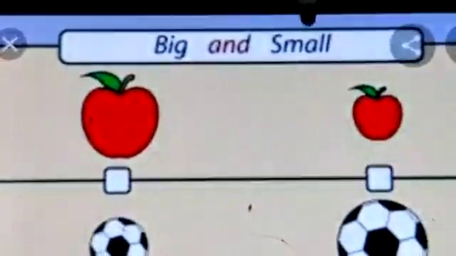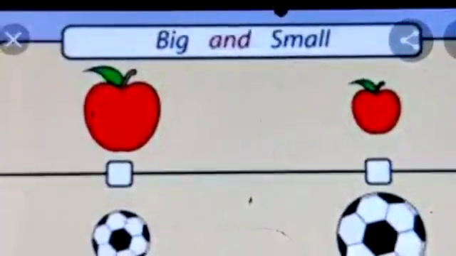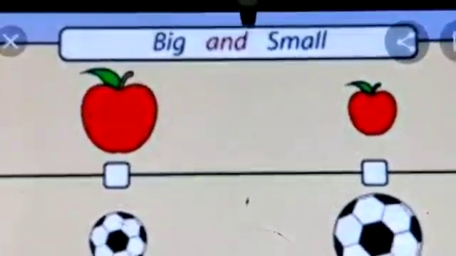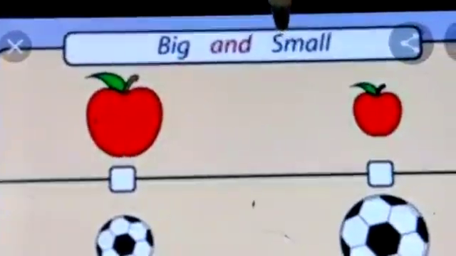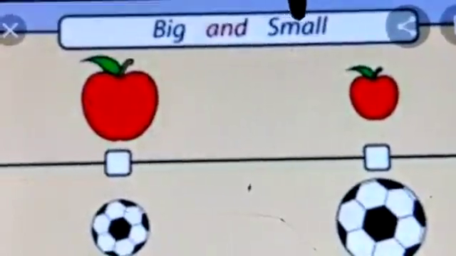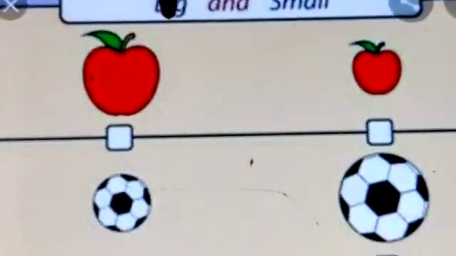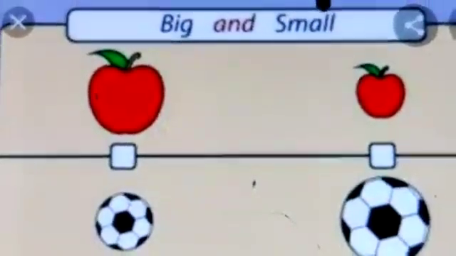Children, when you come to school, I am going to ask these spellings also. So you have to learn this spelling, okay? Then only you will know what is the spelling of big and what is the spelling of small. Here we will write B for the big and S for the small.